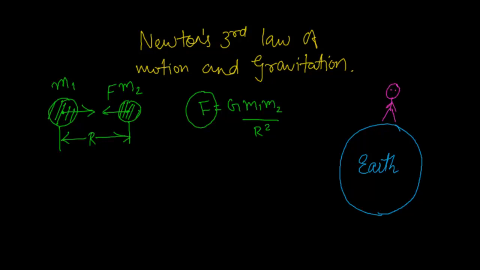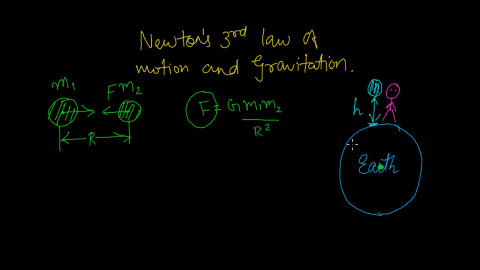He threw a ball in upward direction at a height h from the surface of the Earth. And what would happen is the ball would move downwards, that is towards the center of the Earth.